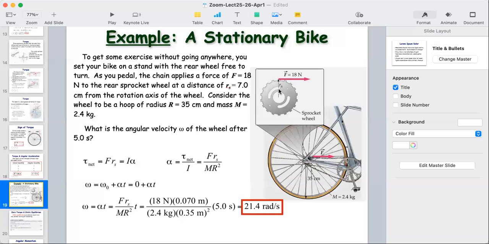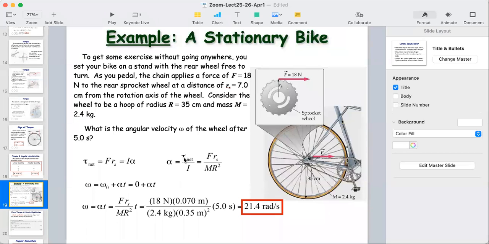The force here is perpendicular, so the sine of the angle is 1. So it is only F r equal to I alpha. So from this relation, I can find alpha.